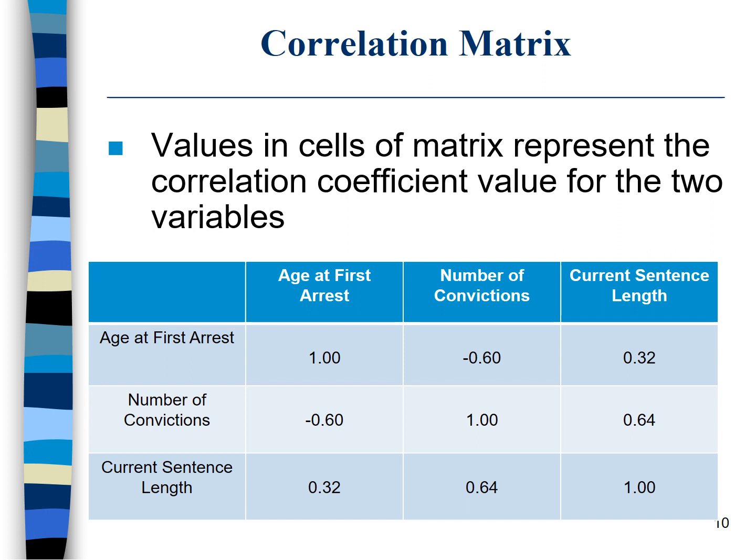And then I could also ask something like, for which two variables is there a negative association? Now I'm not looking for strength, I'm simply looking for a negative sign. And I go, okay, there it is, that negative 0.60, and the association is between age at first arrest and number of convictions. Okay, so if you're thinking about a correlation matrix, do not be intimidated by it.